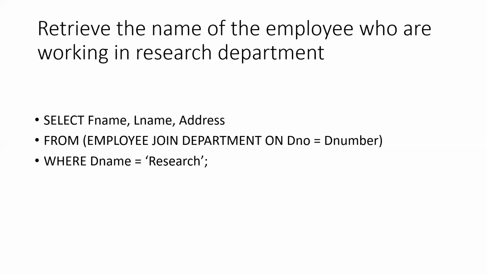And then we apply the condition department name equal to research. After joining, the employee and department tables become a new single table, and from the single table we apply the condition department name equal to research.